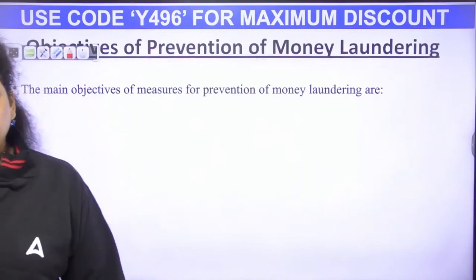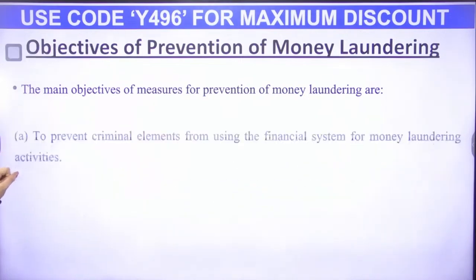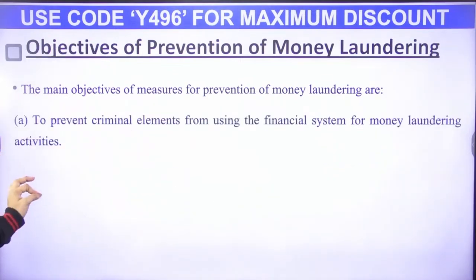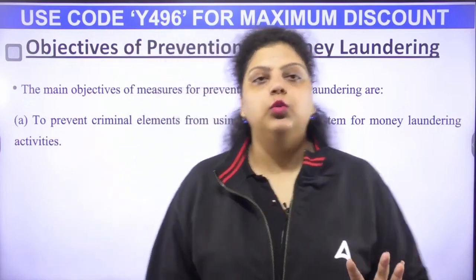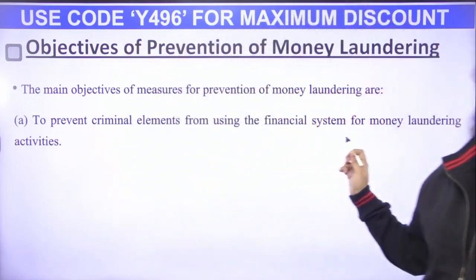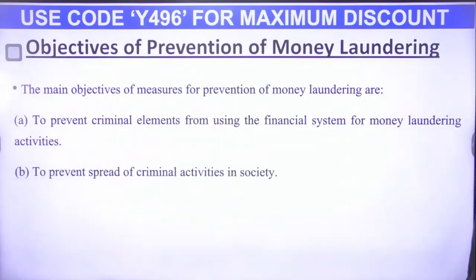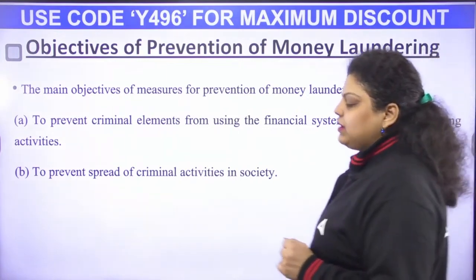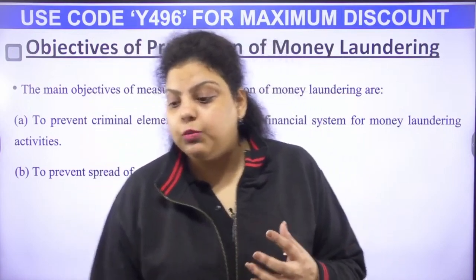Okay, now the main objective of measures to prevent money laundering: first, we have to prevent criminal elements from using the financial system for money laundering as well as for terrorist financing. We do not want the banks and the financial system to be involved here. So we want to remove them. Second, to prevent the spread of criminal activities in society. If you do not stop one person who is doing money laundering or terrorist financing, it will spread more.